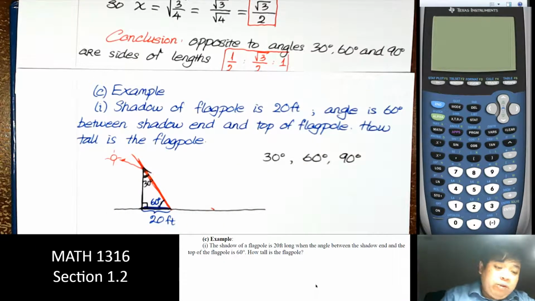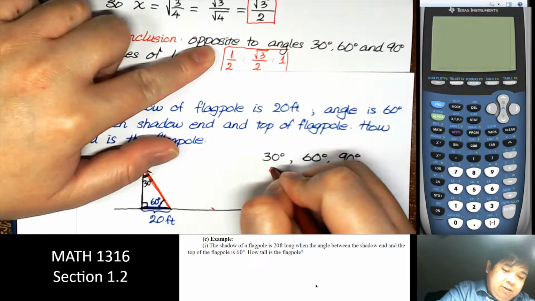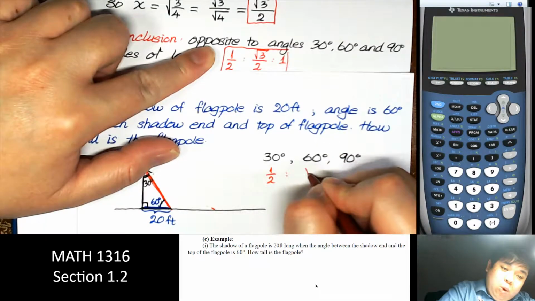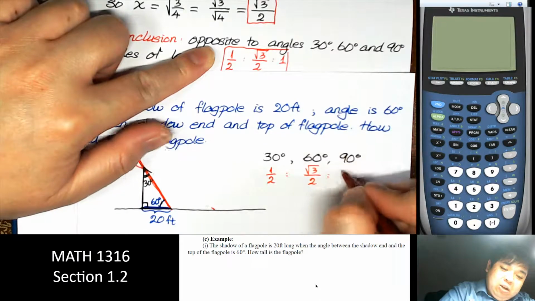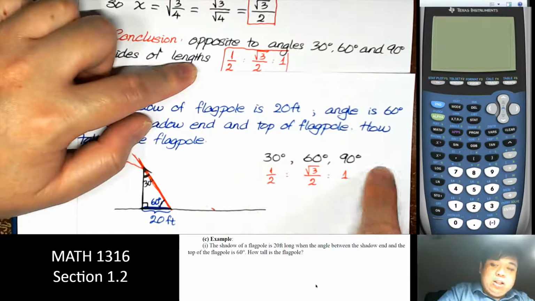And the ratio equivalent to that is from the previous one: 1/2 for 30 degrees, square root of 3 over 2 for 60 degrees, and 1 for 90 degrees. So that is the corresponding ratio opposite to these angles.